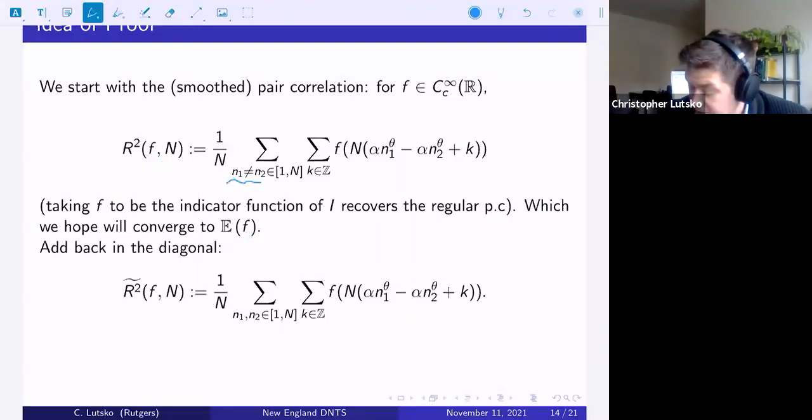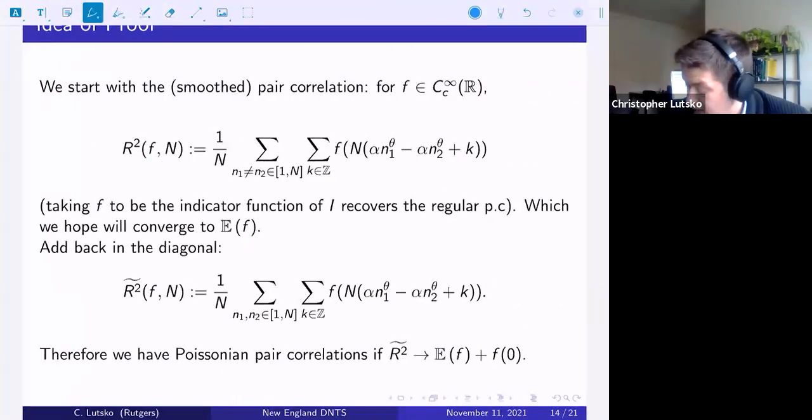We have this condition that n1 is not equal to n2. This is going to be kind of annoying, so we add it back in, in which case we want to show that R2 tilde converges to the expectation of f plus the thing which we've added in, which turns out just to be f of 0, right? If n1 equals n2, these are both 0. For N large enough, the only term that contributes is k equals 0. So you pick up an N from here, it cancels with that one, and you get f of 0.